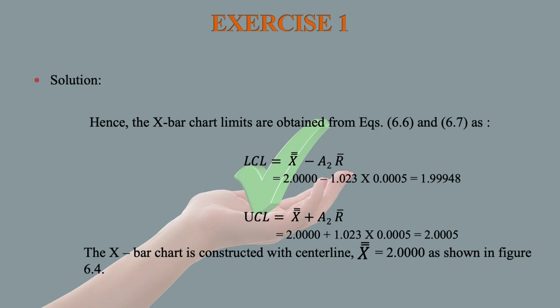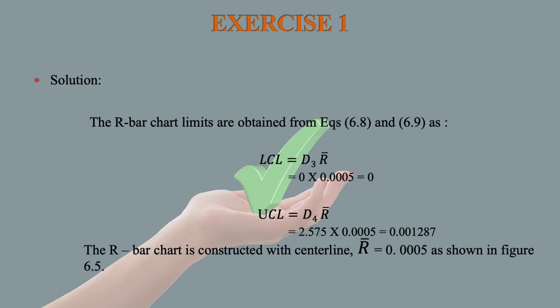Once you have calculated LCL and UCL, that gives you the control limits. The X bar chart is constructed with center line X double bar equal to 2.0000, and this is shown in figure 6.4. The R chart limits are obtained from equations 6.8 and 6.9.